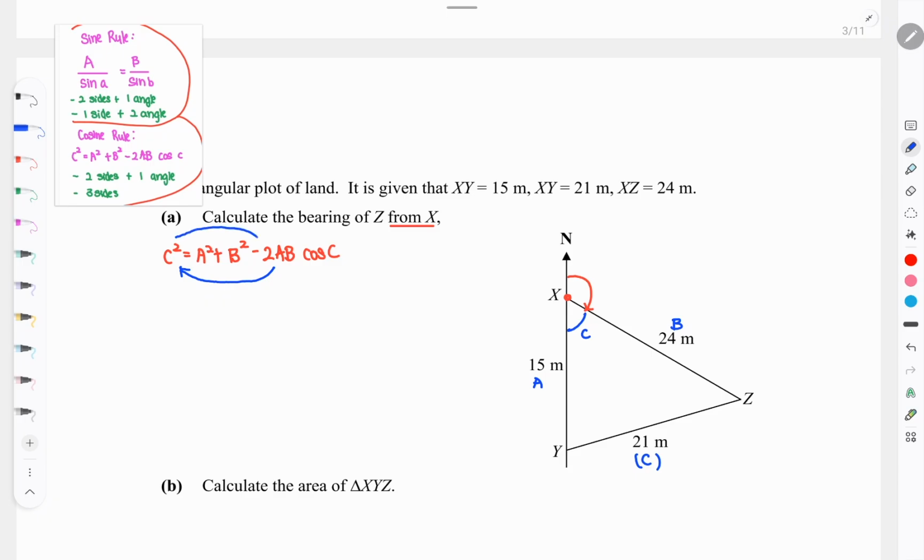I'll bring my c square to the right side. So how it will look like, it will be 2ab cosine C equals a square plus b square minus c square. Okay, next I will bring my 2ab over.